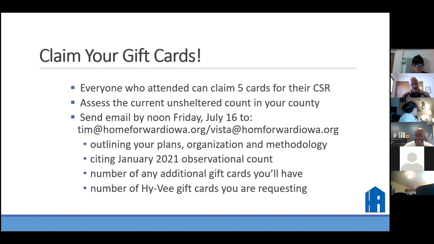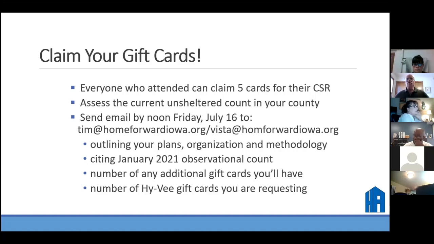Then how many gift cards you'd like to have, and how many of any additional gift cards you have, meaning, did you get some from your local Hy-Vee? Did you get some gift cards from Fareway or Casey's or Kum & Go or Dollar General, if they give gift cards? Anyway, if you've solicited any of those, and then how many you'd like of these 400.